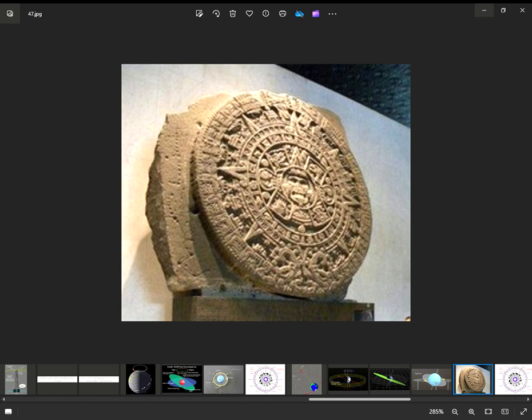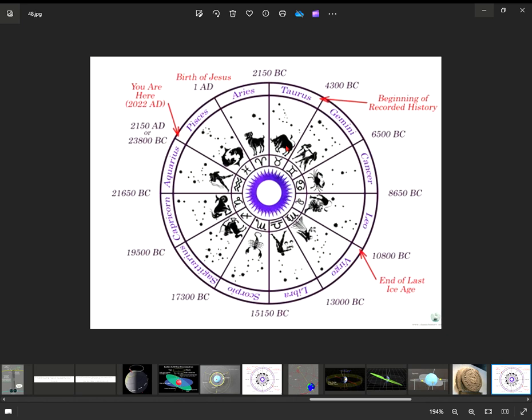Be also aware that the position of the zodiac signs wheel is outdated by over 4,000 years, as it hasn't been updated since the dawn of the age of Aries.